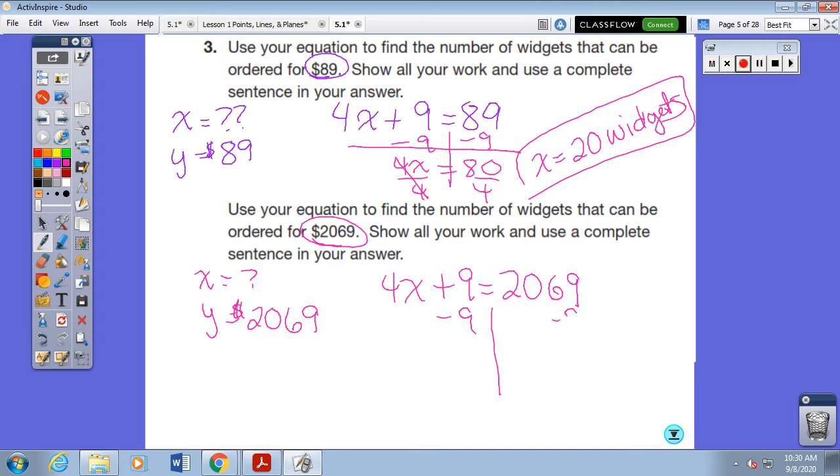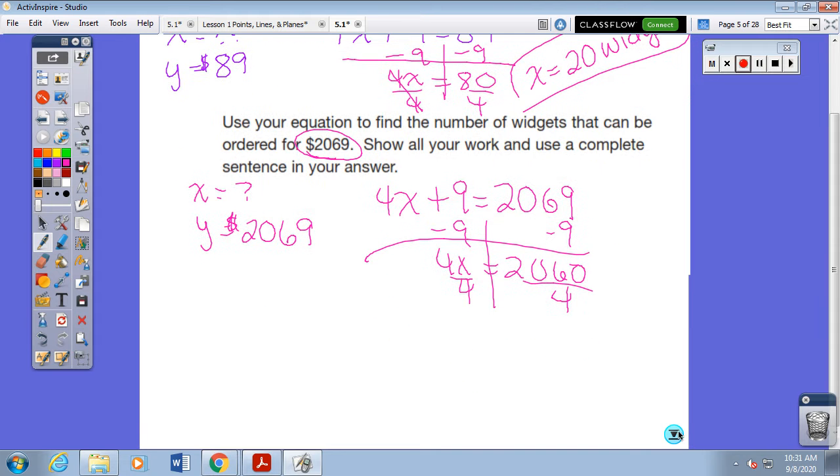Solve. 4x equals 2060. Divide both sides by 4. X is going to equal 515 widgets.